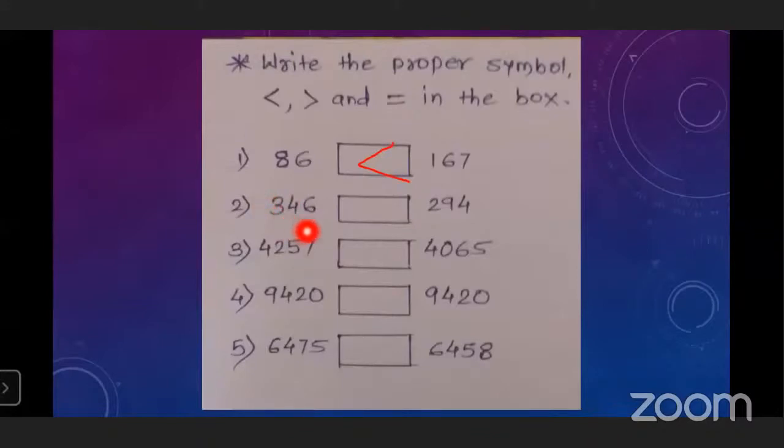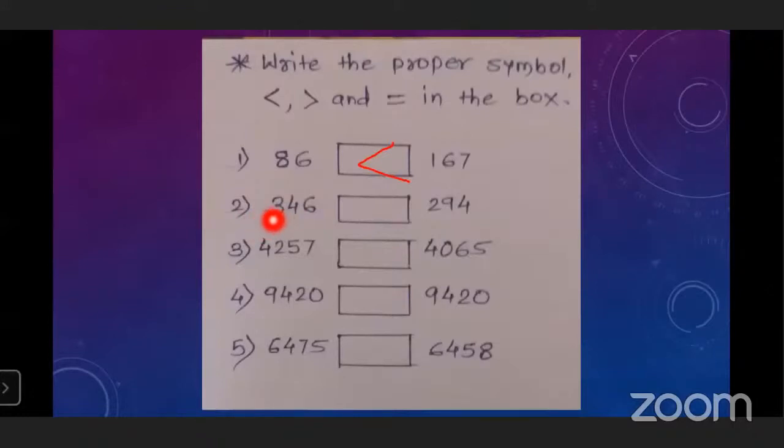Now you can see, how many digits here? 3 digits, and the higher place of this number is what? 100. The higher place of this number is also 100. You need ones, tens and 100. In this number, on the higher place, which digit is here? 346.